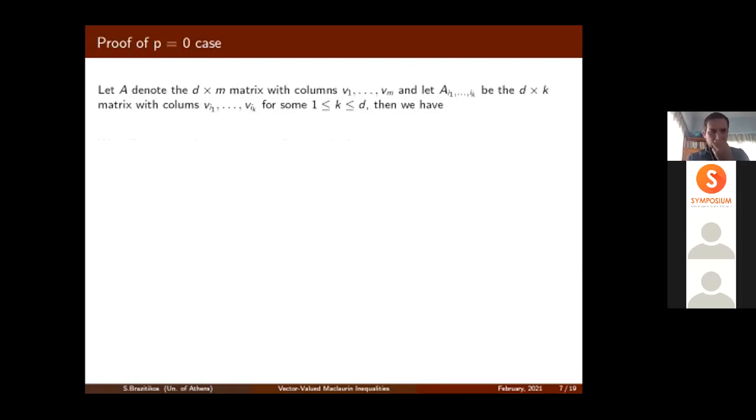So again, to prove the p equals 0 case, we take the matrix with columns v1 up to vm, and again we take i1 up to ik, the matrix with columns v_i1 up to v_ik, and then as before we have this equality.